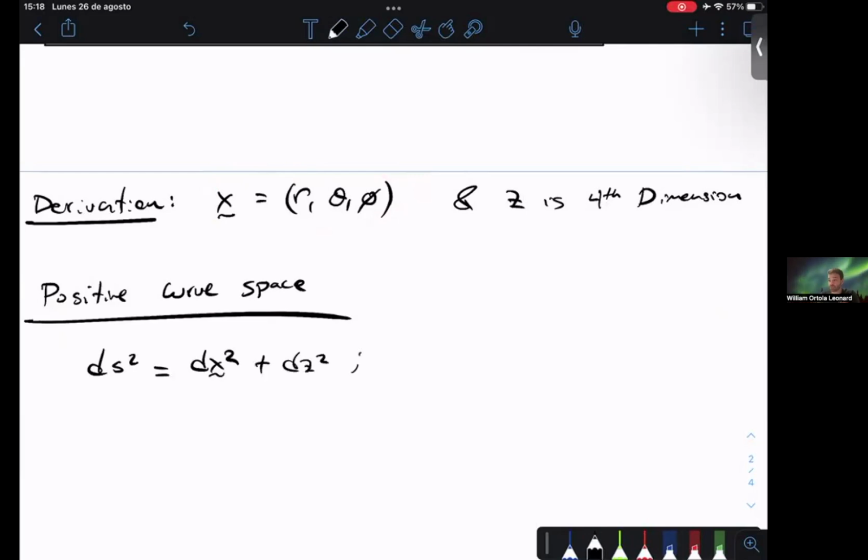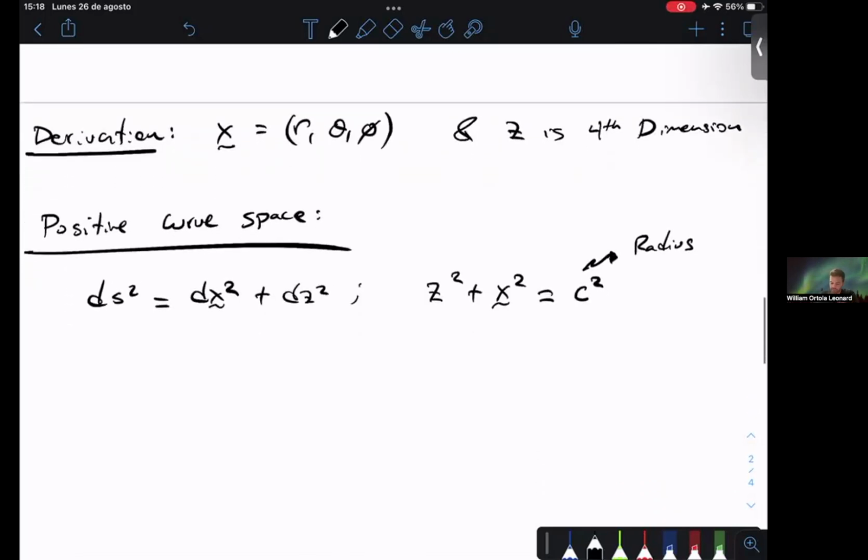And what is the relationship between c and x? In our positive curved space, it is given by c squared plus x squared equals capital C squared, where this is some radius for our space, okay?